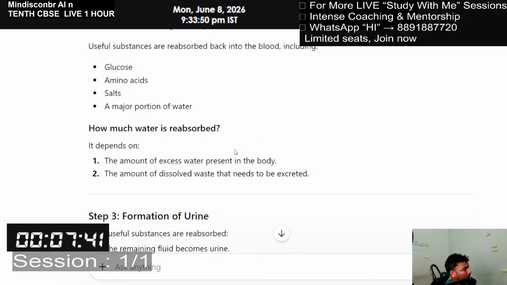How much water is reabsorbed? It depends on the amount of excess water present in the body and the amount of dissolved waste that needs to be excreted.